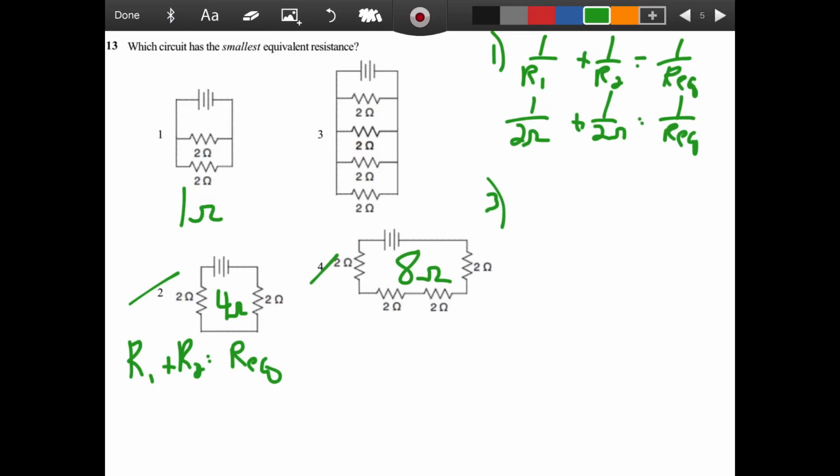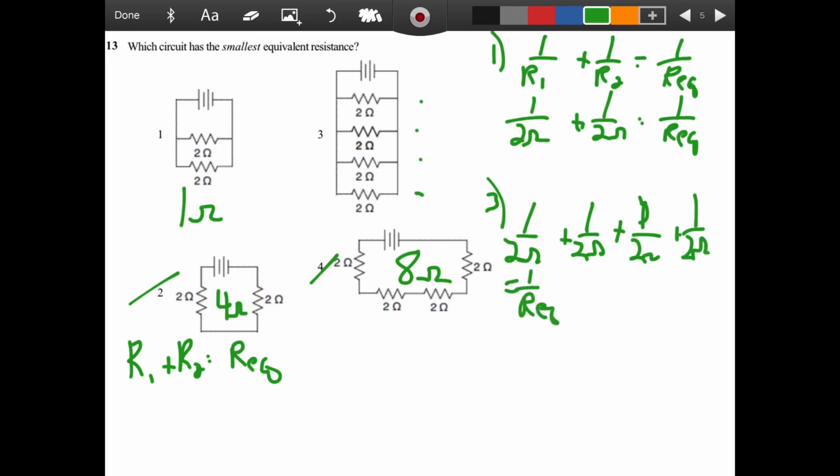And now I'm going to do the same thing for choice 3, except now there's 1, 2, 3, 4 resistors. Apologize for this handwriting right now. And I'm again going to plug that in my calculator. So 2 to the negative 1 plus 2 to the negative 1 plus 2 to the negative 1 plus 2 to the negative 1, enter, and then answer to the negative 1.